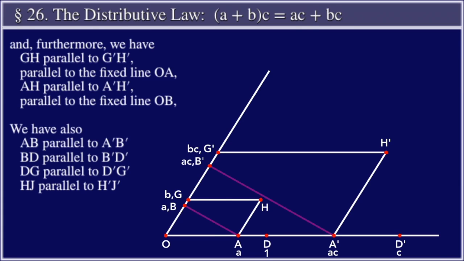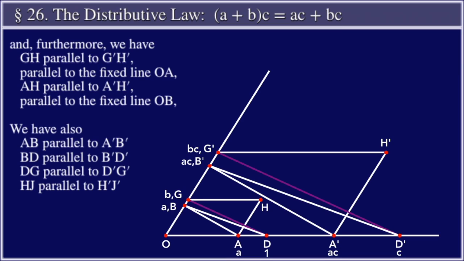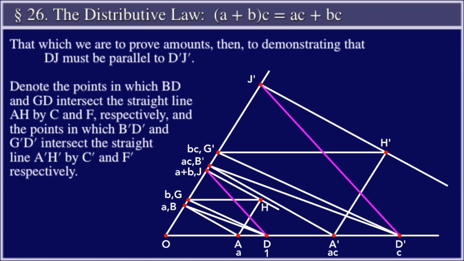We have also AB parallel to A'B', BD parallel to B'D', DG parallel to D'G', HJ parallel to H'J'. That which we are to prove amounts then to demonstrating that DJ must be parallel to D'J'.